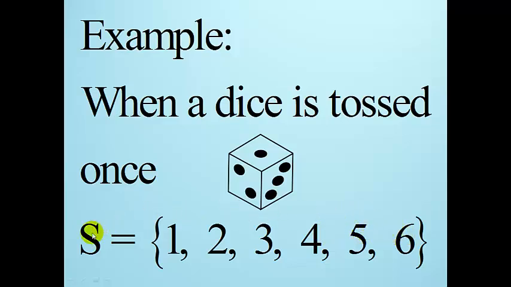So 1 is a possible outcome because 1 can show up. 2 is a possible outcome because 2 can also show up. 3 is a possible outcome. 4 is a possible outcome, 5 is a possible outcome, and 6 is a possible outcome. So the set of all the possible outcomes is what we call the sample space.